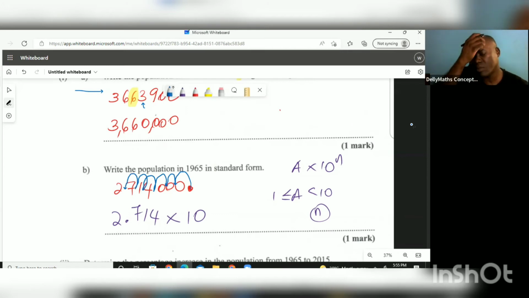That means this is the power of 6, and it is a positive power too, because this number was 2,714,000. Ordinarily, some people look at it like this: if you had to move to the left to settle the point, then definitely it's a positive power. So we got that. All right, so there it is.